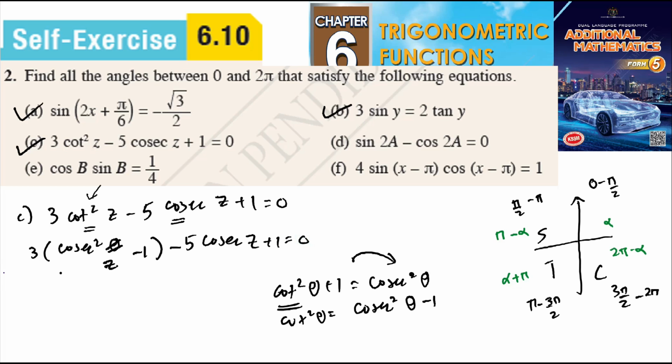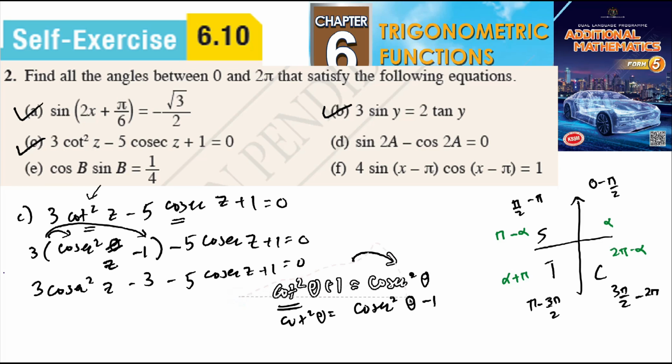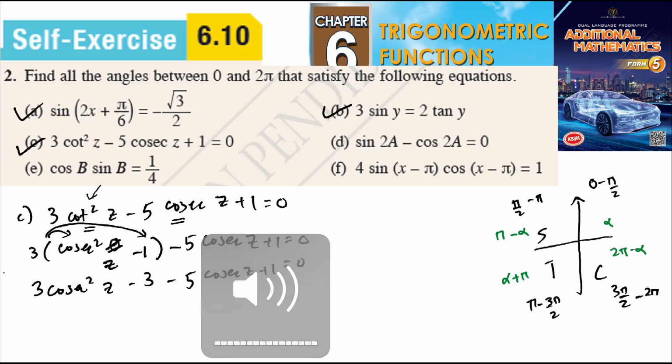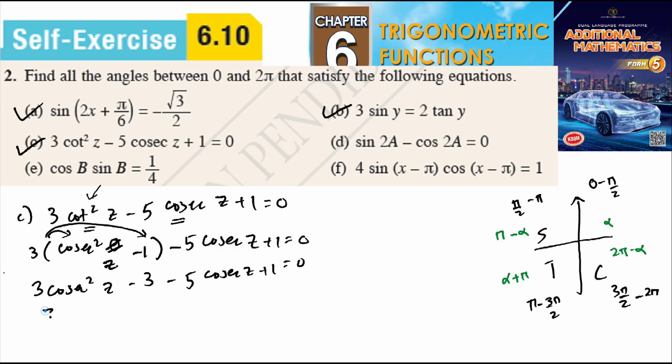When we expand, we get 3 cosecant square z minus 3, minus 5 cosecant z plus 1 is equal to 0. So here we get 3 cosecant square z, minus 5 cosecant z, and negative 3 plus 1, we get negative 2, is equal to 0.